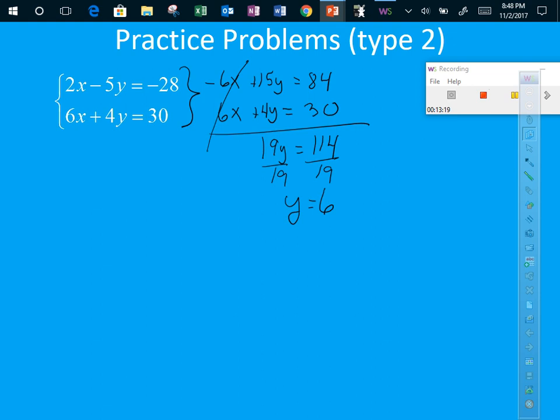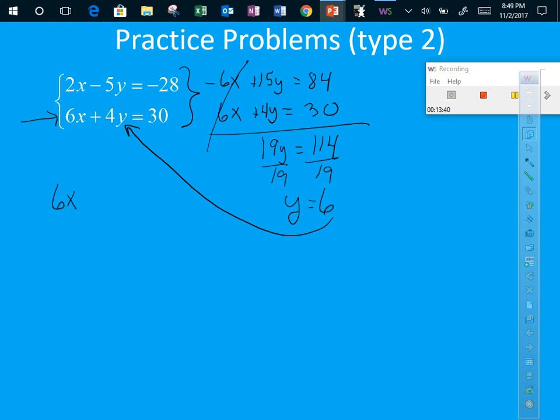I'm going to come back to one of my original equations and plug in y equals 6. It does not matter which one, guys. I'm going to pick the bottom. I'm going to plug 6 right there. So check out what I got. I've got 6x.